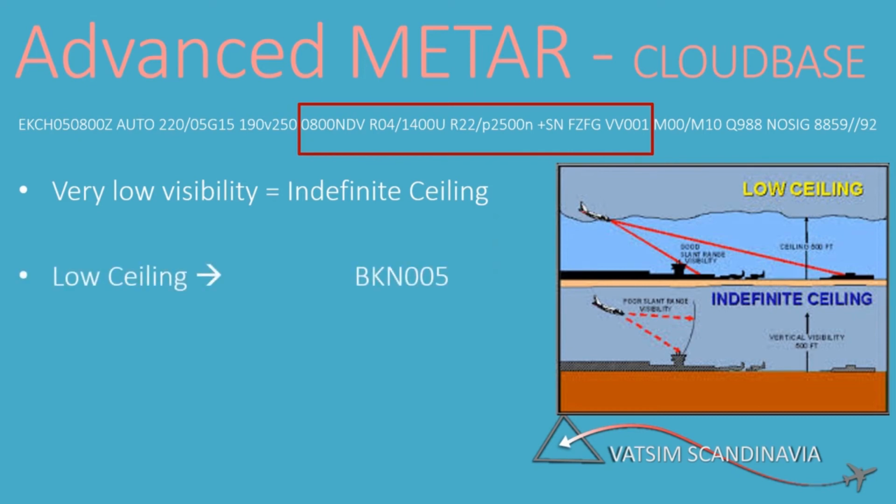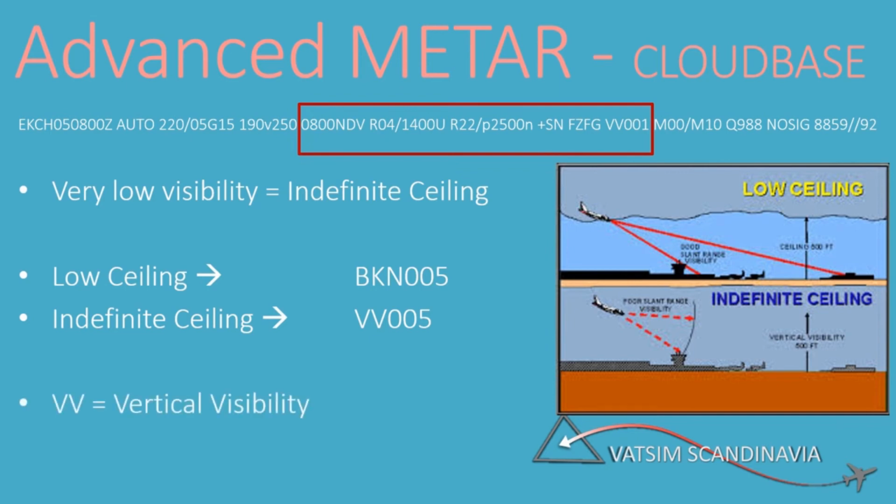With a low ceiling, it's normally easy to see. You can see up 500 feet, then the broken cloud starts. With an indefinite ceiling, you will instead have the vertical visibility, known as VV 005, meaning that you can see 500 feet up into the air. VV, called vertical visibility, you will see when you have this low visibility and therefore an indefinite ceiling.